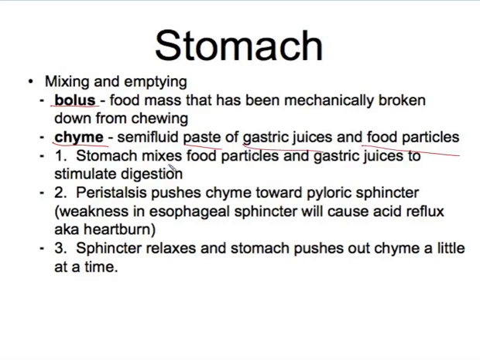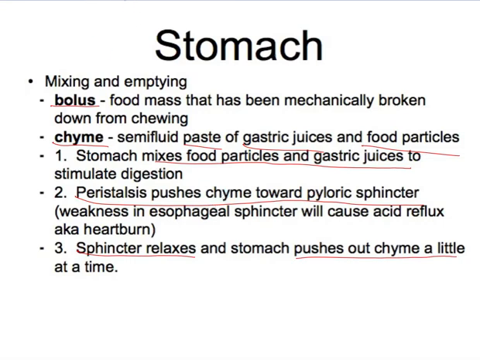So your stomach mixes the food particles and gastric juices together. Peristalsis pushes chyme towards the pyloric sphincter and makes sure it mixes really well. And then when it's ready to go, the sphincter relaxes and the stomach pushes the chyme out a little at a time, so your intestines can begin the absorption process.